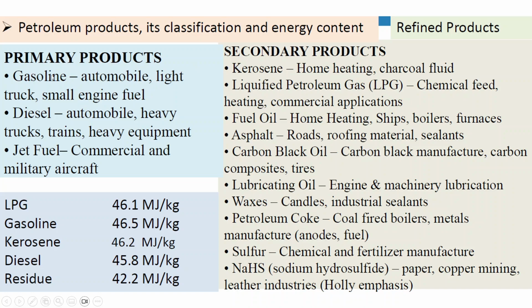These primary petroleum products consist of gasoline used in automobiles, light trucks, and small engine fuel, then diesel used in automobiles, heavy trucks, and heavy equipment, and jet fuel in commercial and military aircraft. The energy content of them is: LPG shows a heating value of 46.1 megajoule per kg, gasoline 46.5 megajoule per kg, kerosene 46.2 megajoule per kg, diesel 45.8 megajoule per kg, and residue 42.2 megajoule per kg.